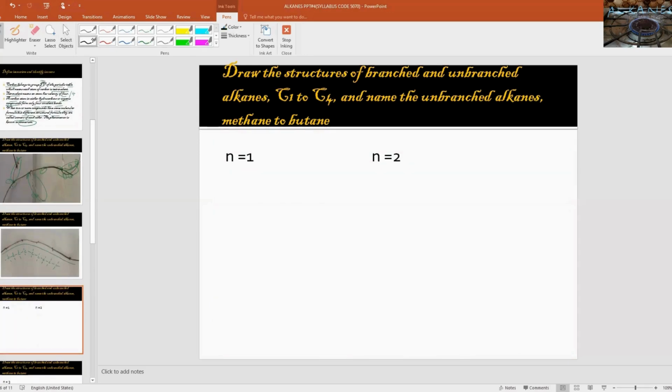Now let's draw the displayed formula of the first four members of alkane. We will start with methane. Recall the general formula of alkane, CnH2n+2. The formula is CH4. Its name is methane.